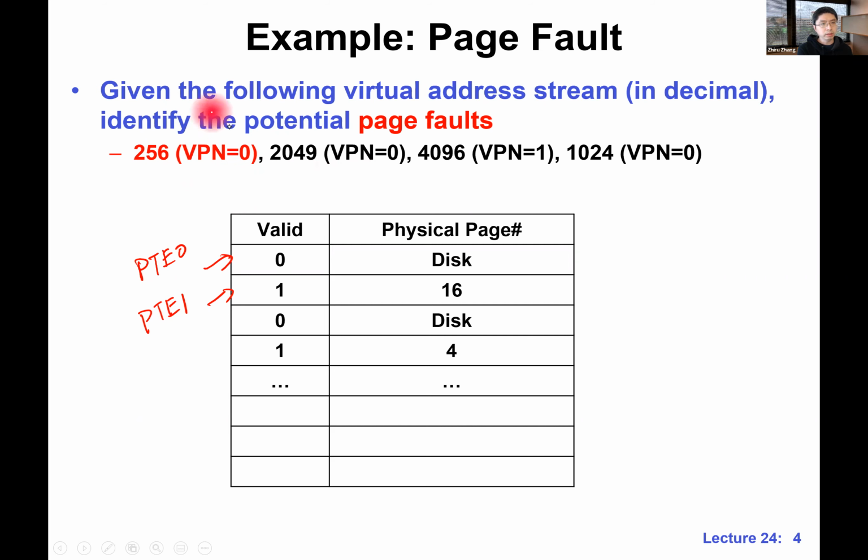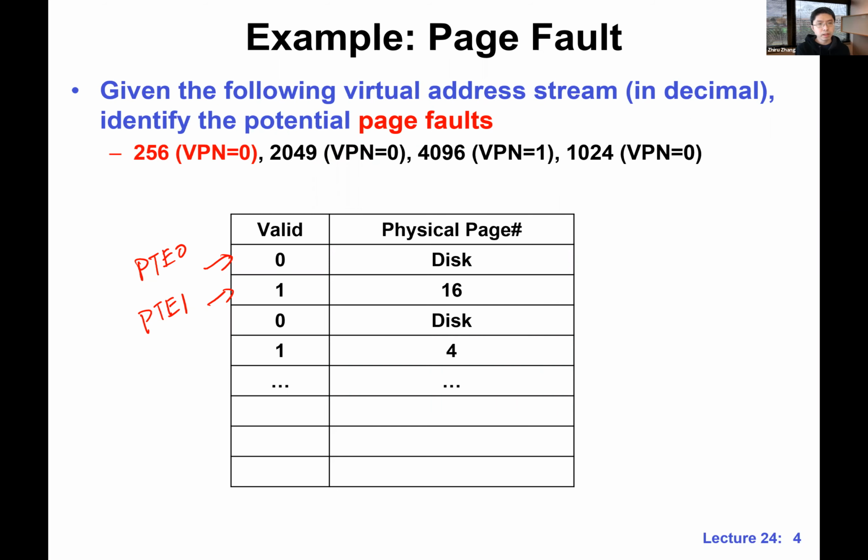The first one will incur a page fault, since initially the valid bit for this page table entry is 0. That's where we bring in the page from disk. But for the second access, we'll no longer have a page fault because the OS and the hardware have already allocated the physical page.